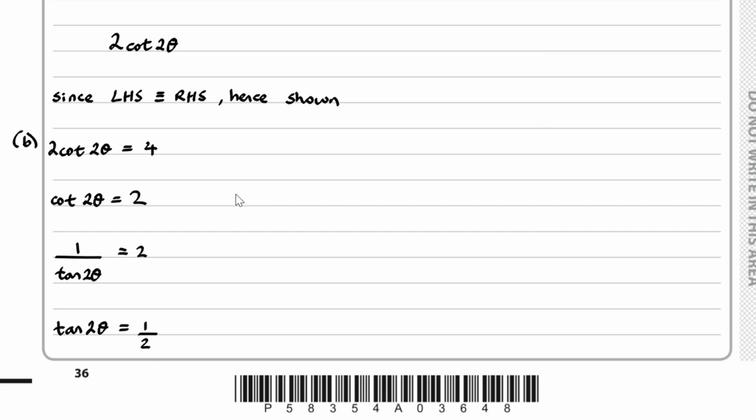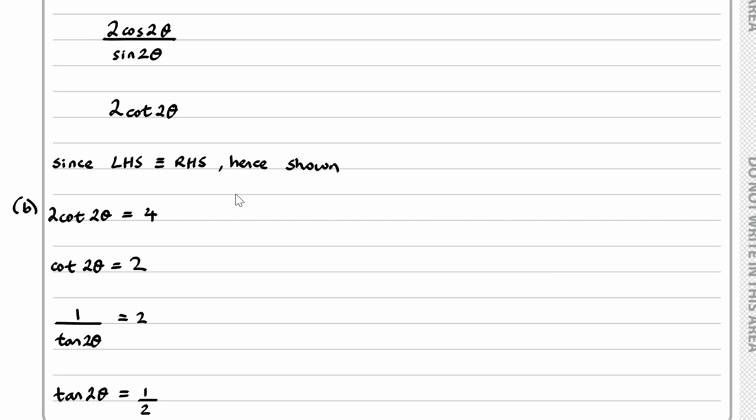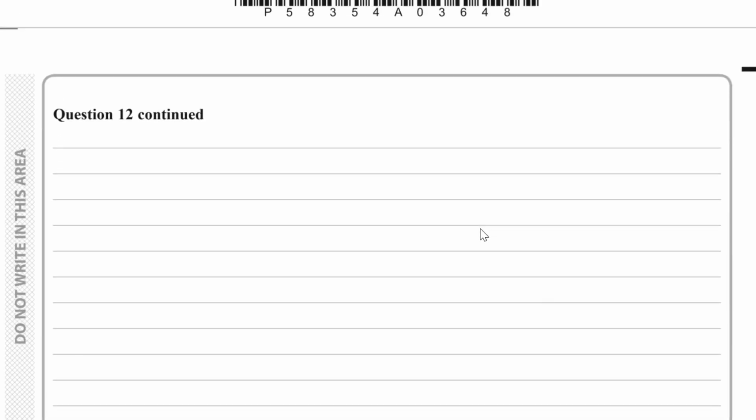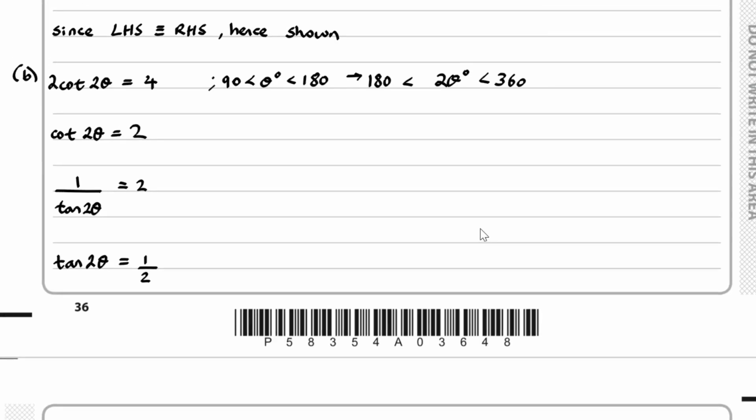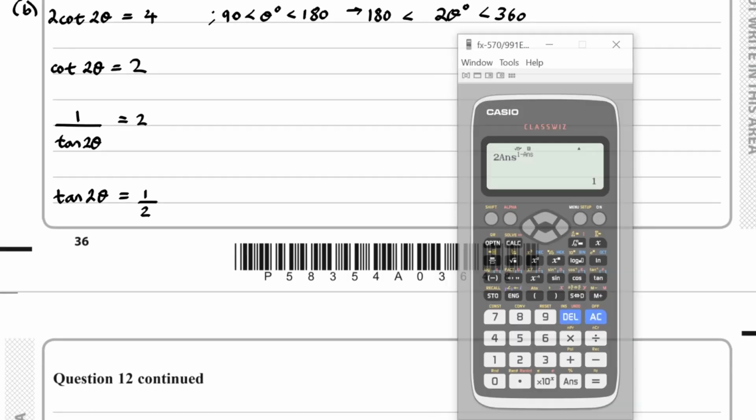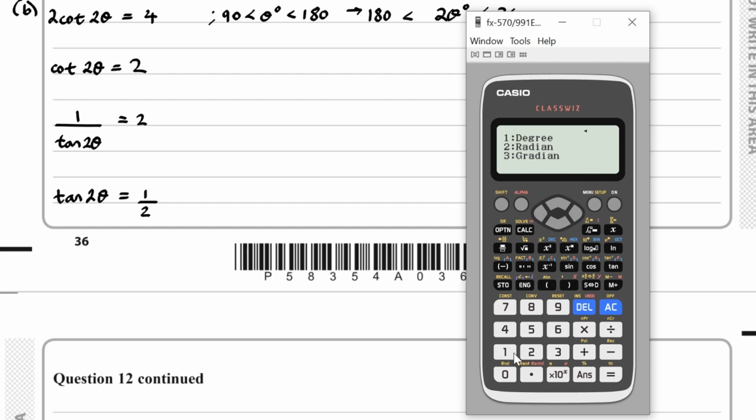Okay, so first thing we can do, we wish to solve this in the range 90 to 180. So if we change the domain to 2 theta, we have 180 less than 2 theta less than 360. If we solve this equation, first thing we need to do is change the angle unit to degrees.